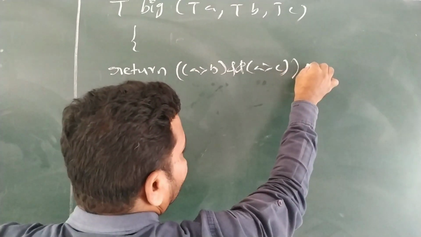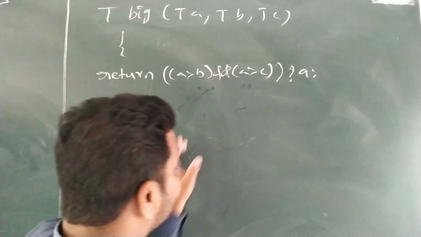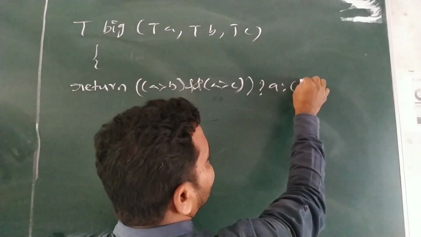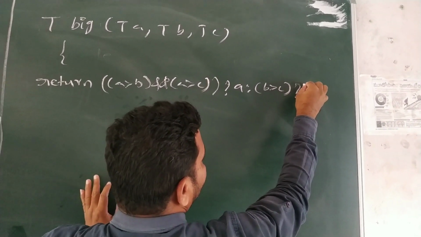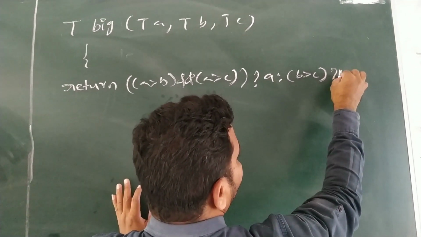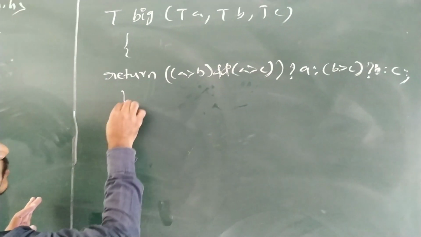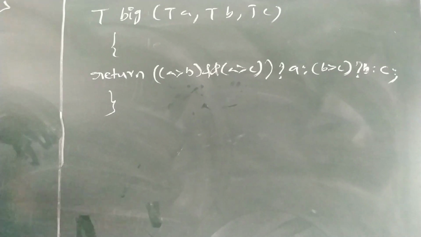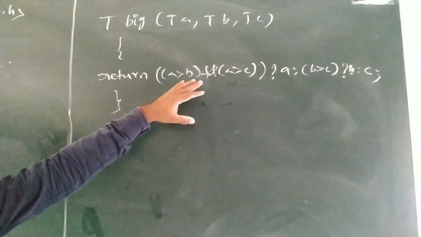Otherwise, if it is false, check just b greater than c, then b is the largest value, otherwise finally c is the largest value. So I am using two functions, one with two variables, the second with three variables.